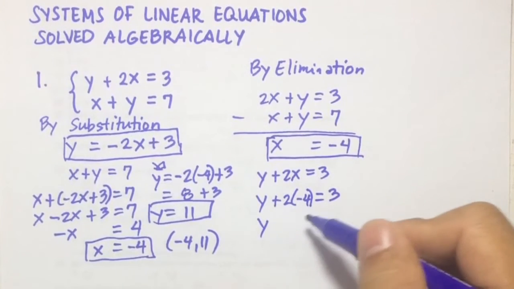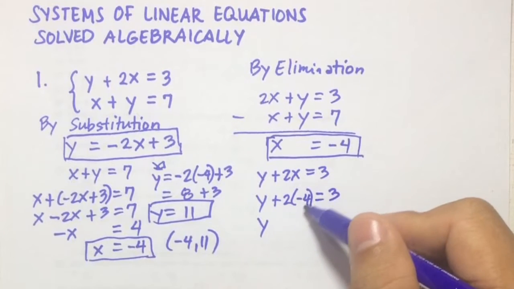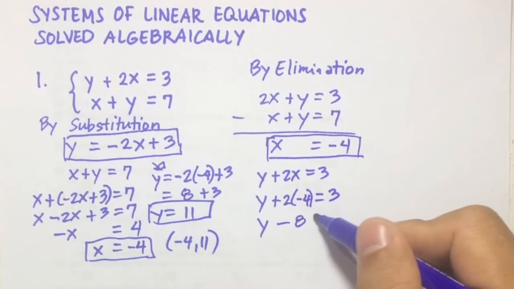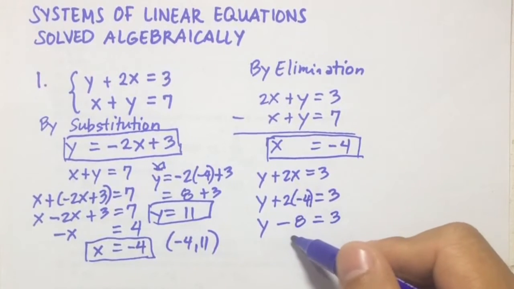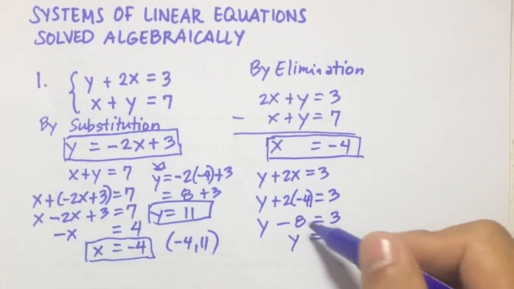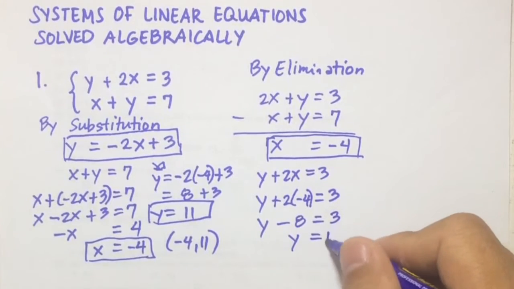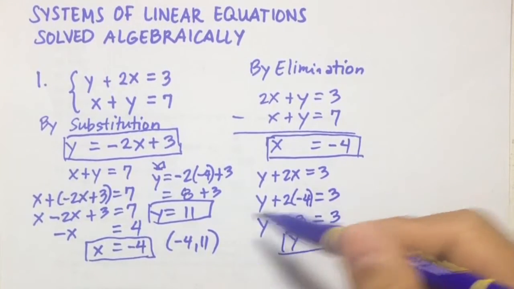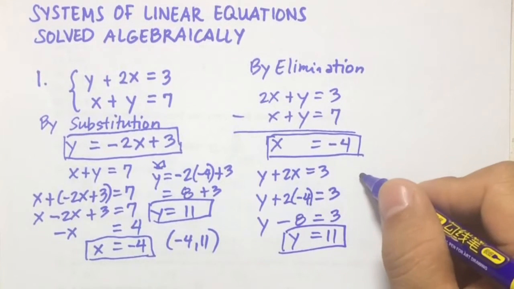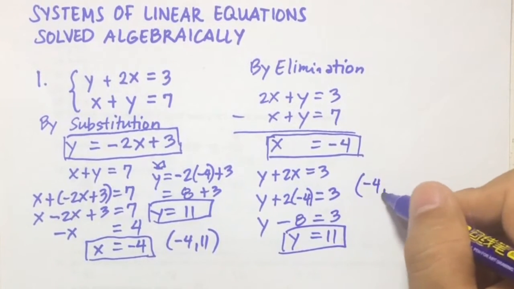So this is y, then 2 times negative 4 is negative 8, equals 3. Solving for y, it will be equal to 3 plus 8 equals 11. So we have here negative 4 and 11, the same as in the first method. So our solution will be negative 4, 11.